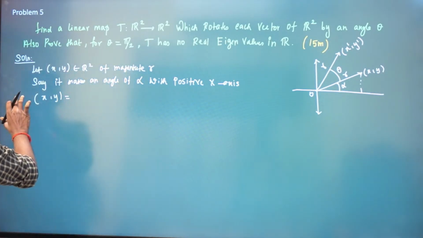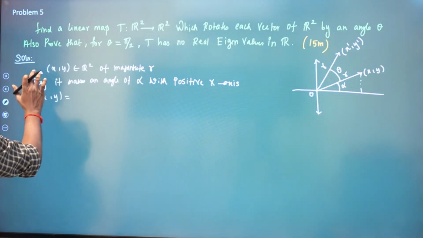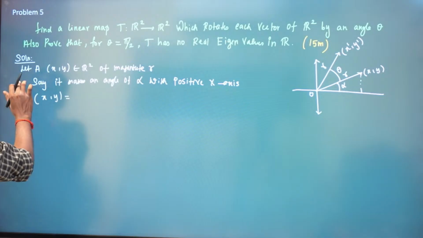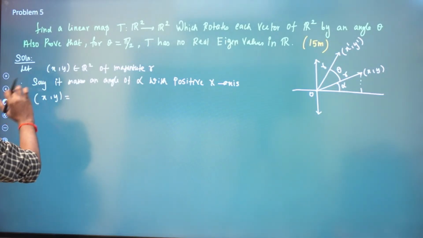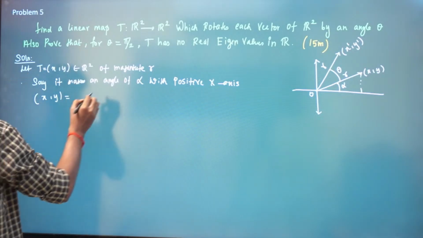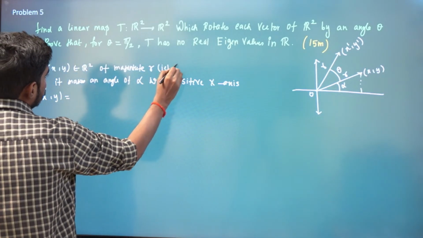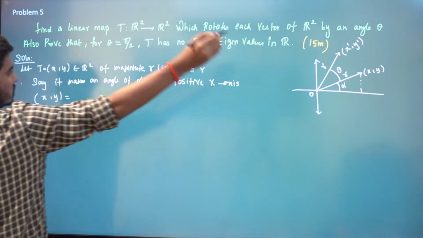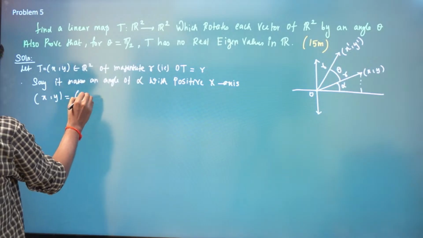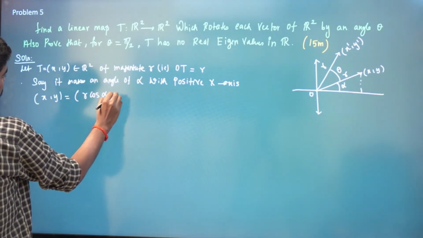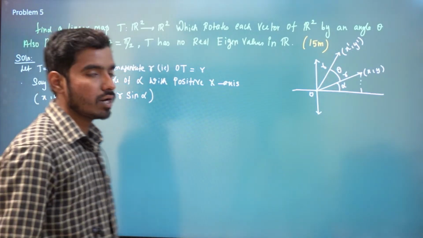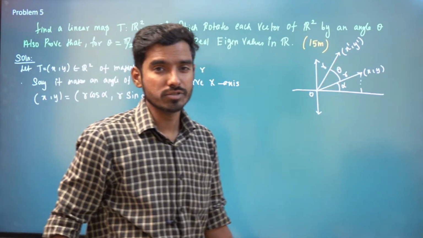Because precision is very important, let us take some T to be x comma y of magnitude r, that is OT is equal to r, the distance from O to T. Now can I write this x comma y as r times cos alpha comma r times sin alpha? So this is our new coordinate for x comma y in terms of polar form.